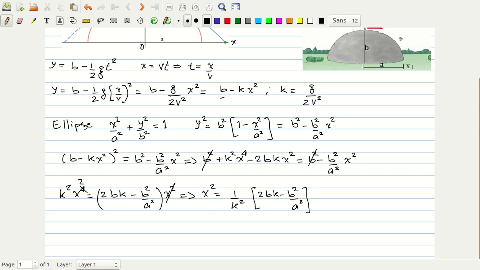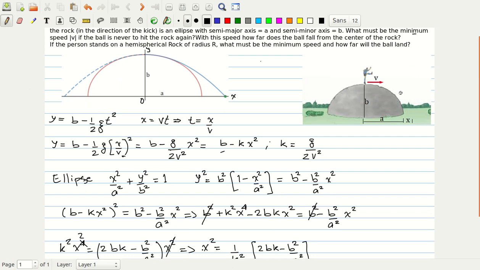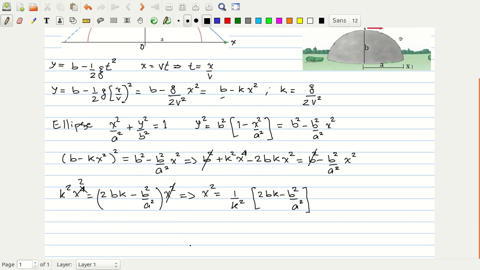But we already know that this x happens to be 0 at the intersection point, right? Or another way of thinking would be, if I am to solve this equation where x square is equal to something which gives me only one root, just think about it. I'll use a different color so that you can see.